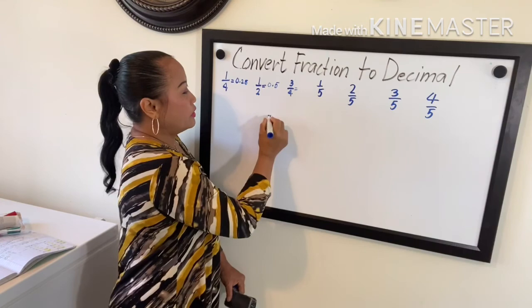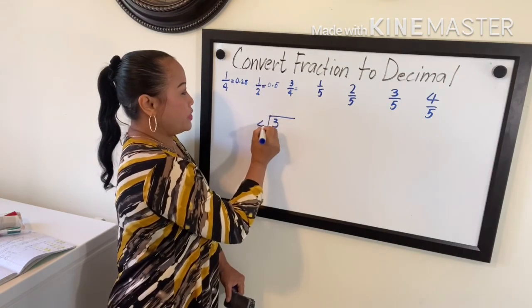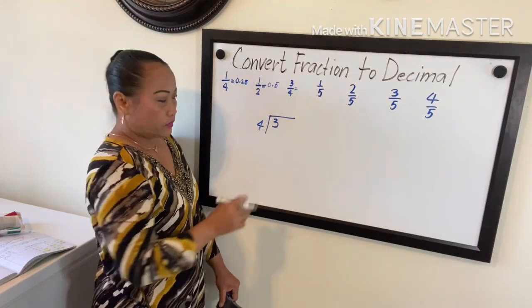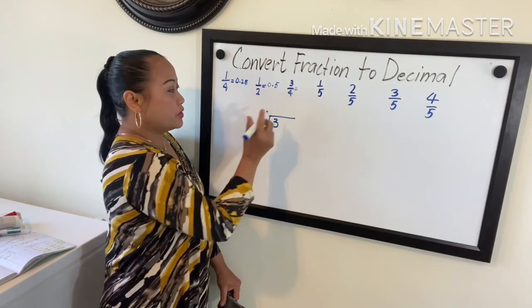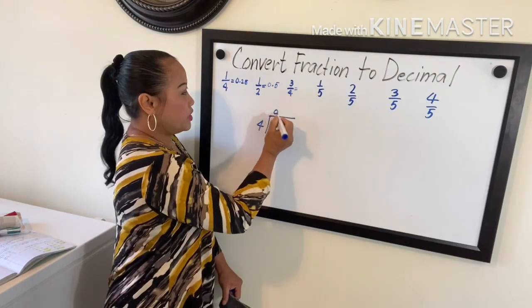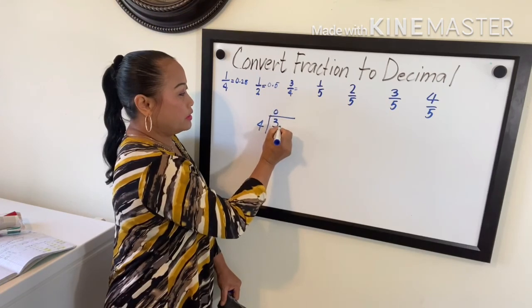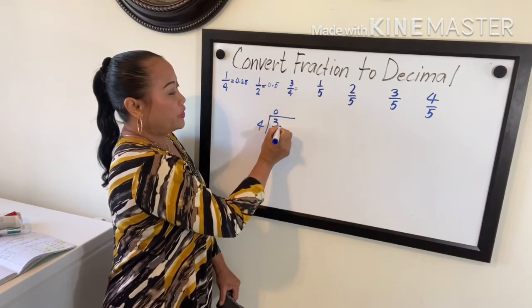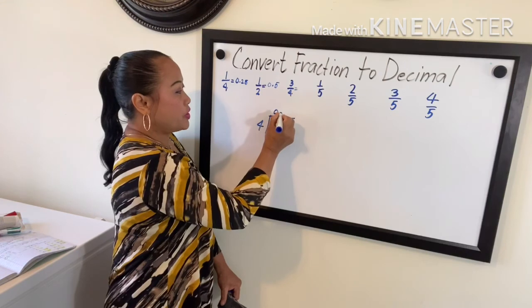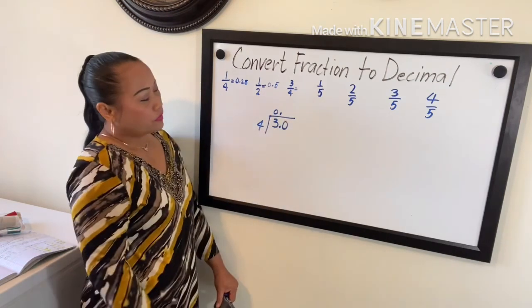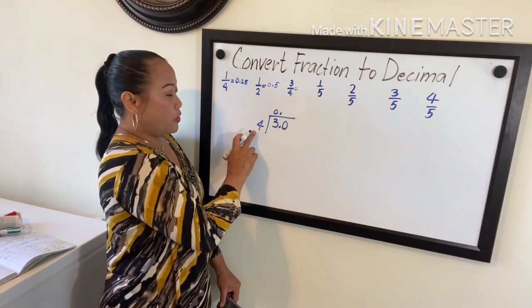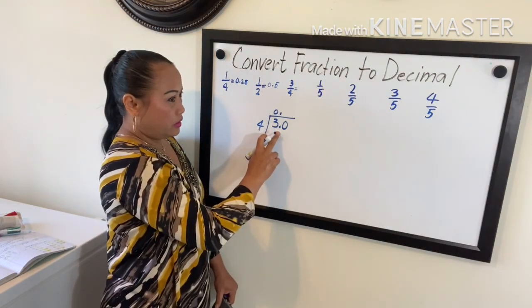3 divided by 4. 3 divided by 4 is 0. So cannot be. And then we'll add a decimal point. And after that, straight up here, and then add 0. So now, how many 4 goes to 30?